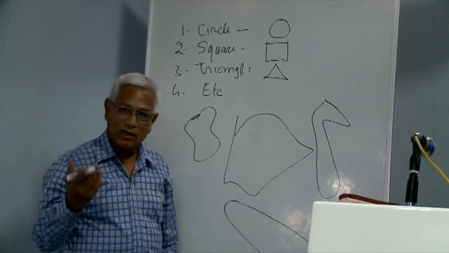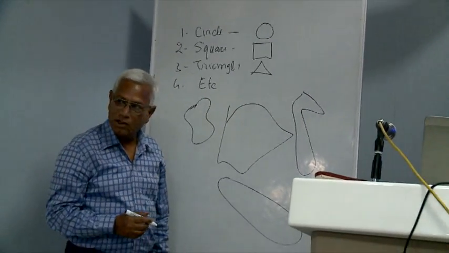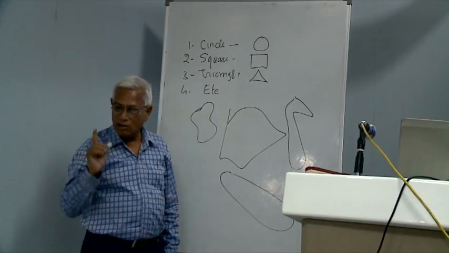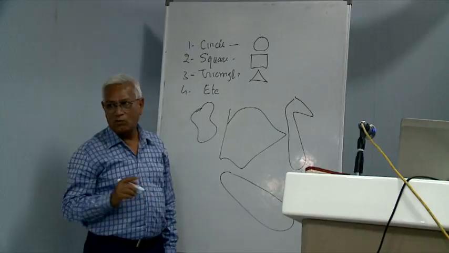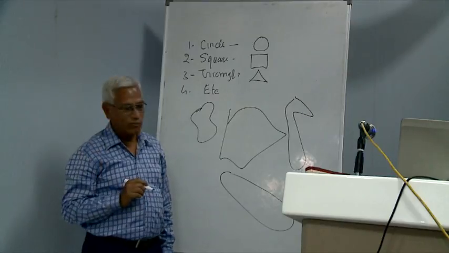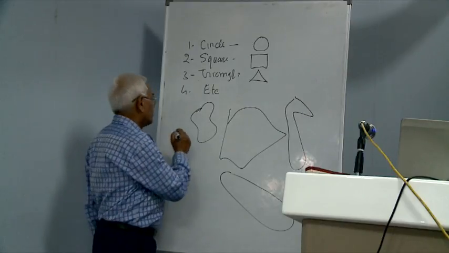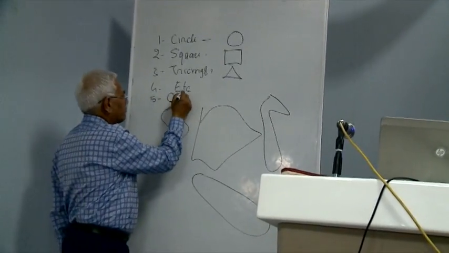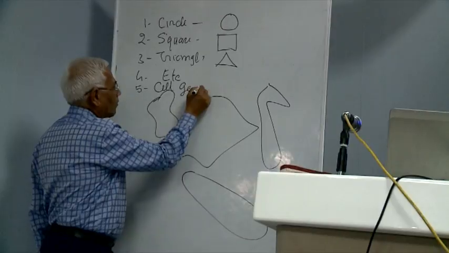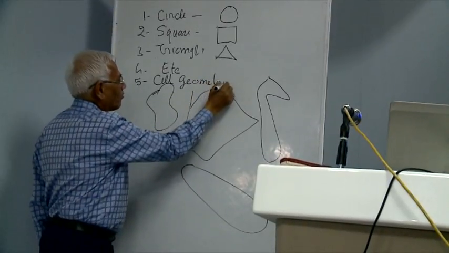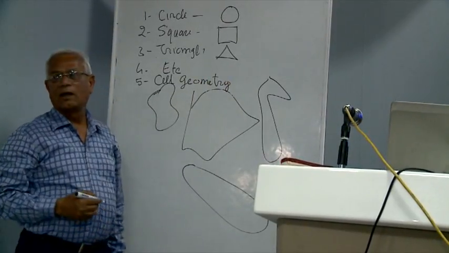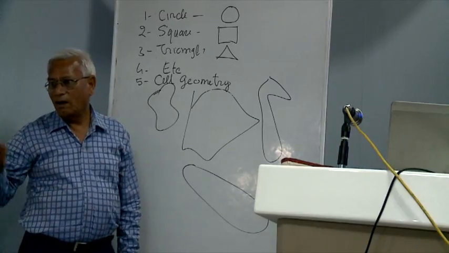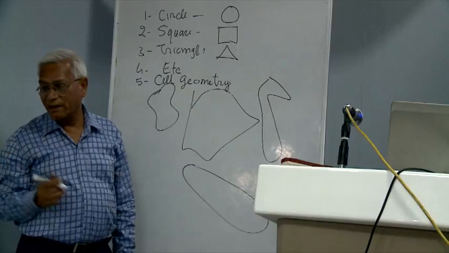But whether they are useful for our wireless mobile communication: all the cells which are going to be used for mobile communication should follow some geometry, and that is called cell geometry. It means they can be repeated in any direction under a certain angle.